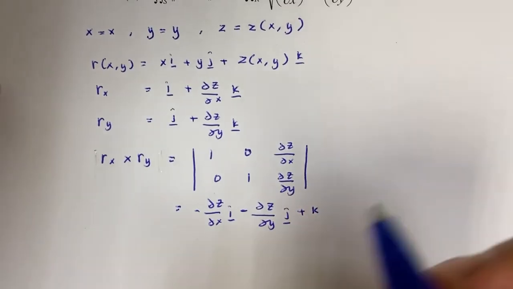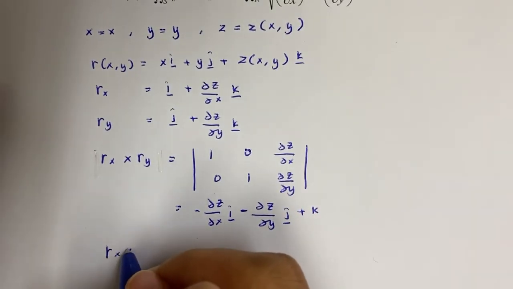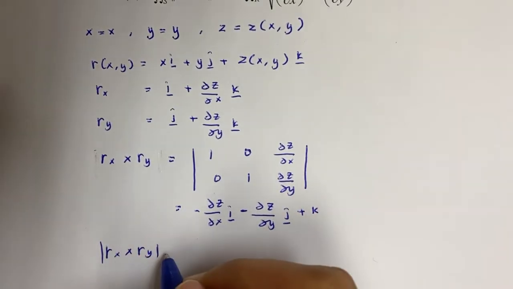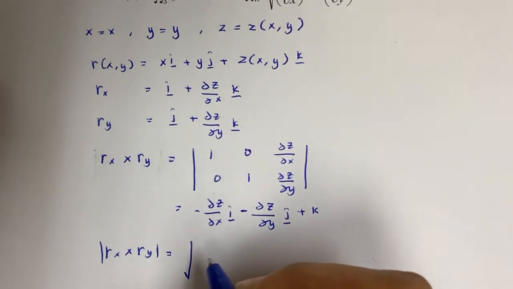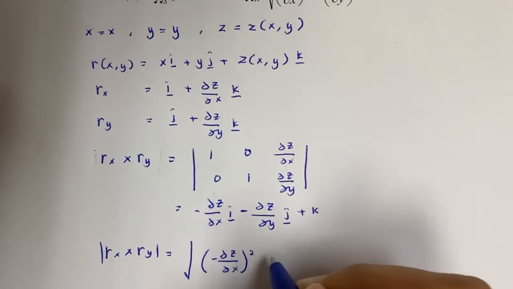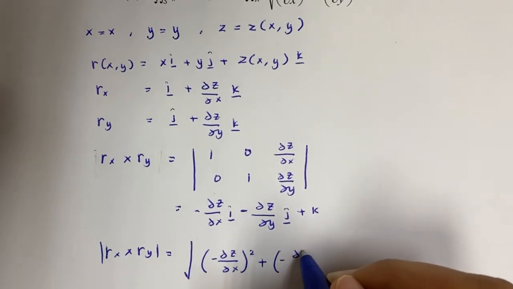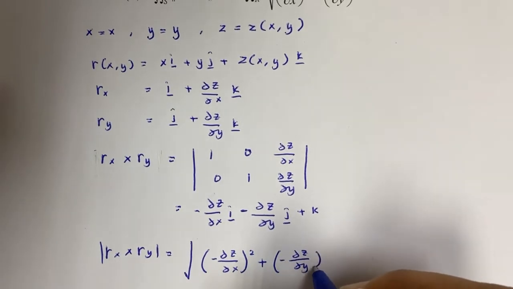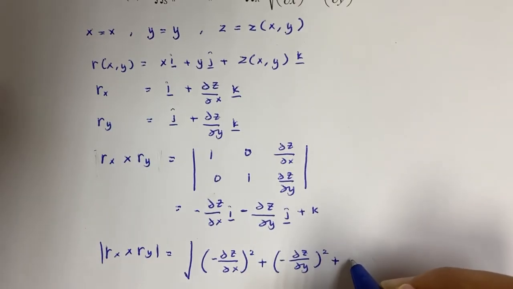Rx cross Ry, and the magnitude for Rx cross Ry is equal to square root of negative del z over del x square plus negative del z over del y square plus 1 square.